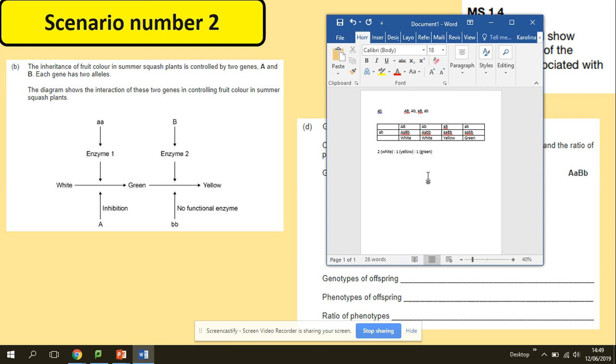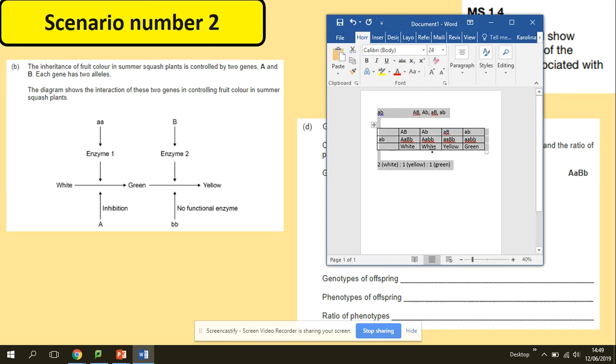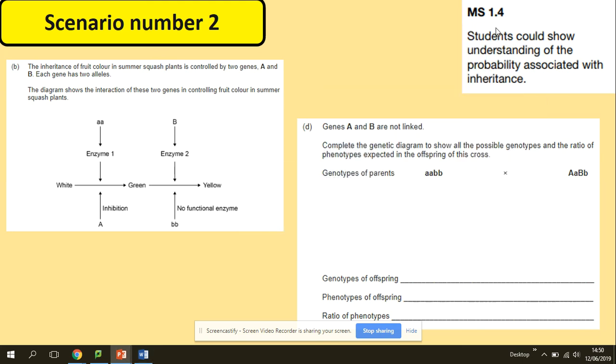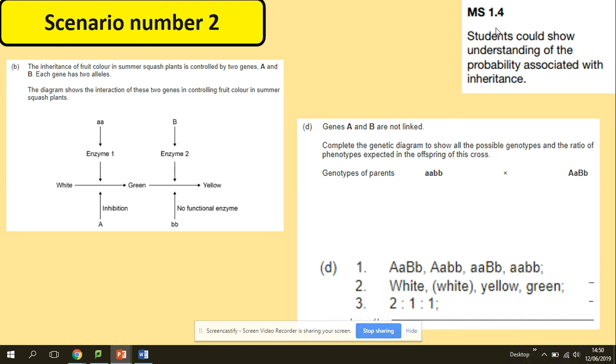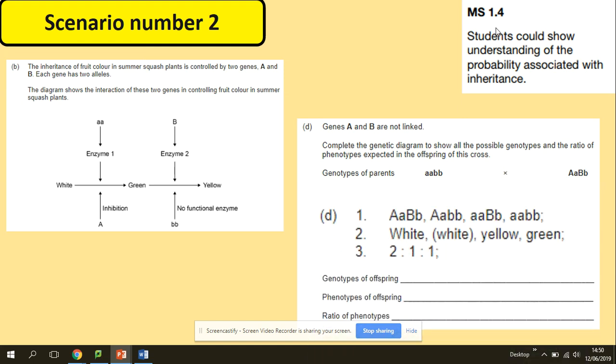Okay, and that's the whole working out for this question. So remember, there were the gametes, then you're doing a Punnett square, then you're working out the phenotypes, and they wanted the ratio of the phenotypes. So this is the answer that we're getting, exactly the same as ours.